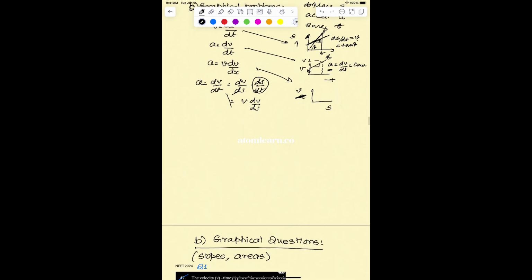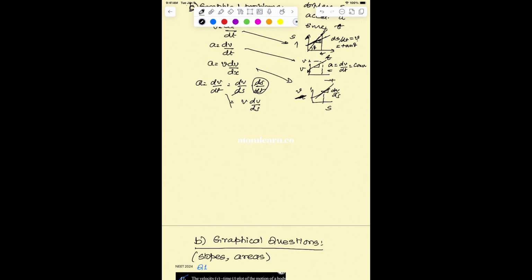Now if we have this v versus s graph, something like this, then acceleration at any point is given by the slope here, dv by ds, multiplied by v.